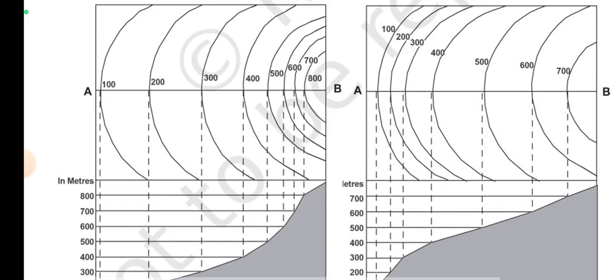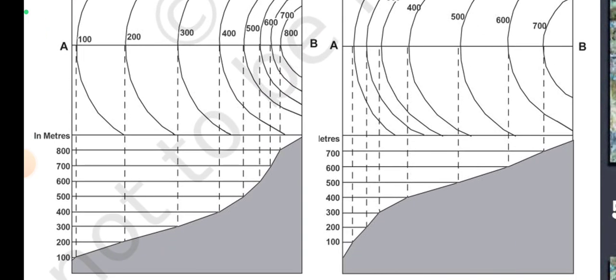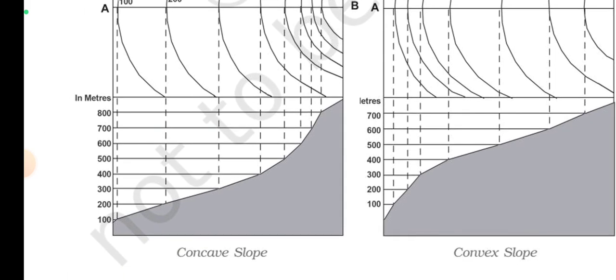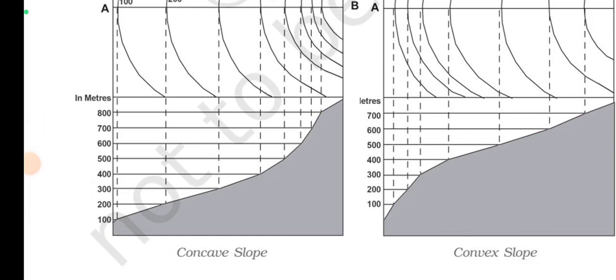And the situation is reverse, that means space between two contours is very less in the lower part and the space increases as the slope increases in the upper part, so that is called convex slope.